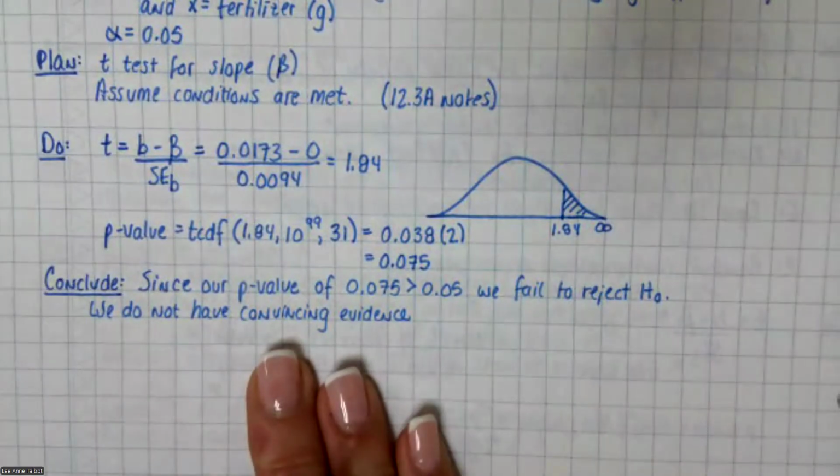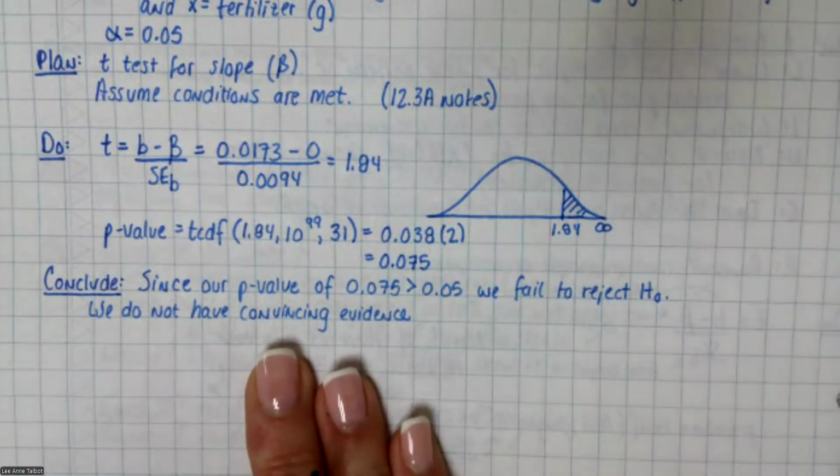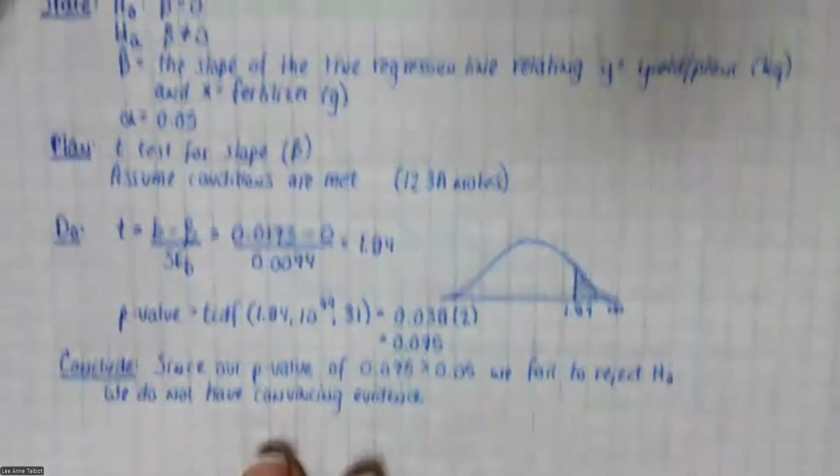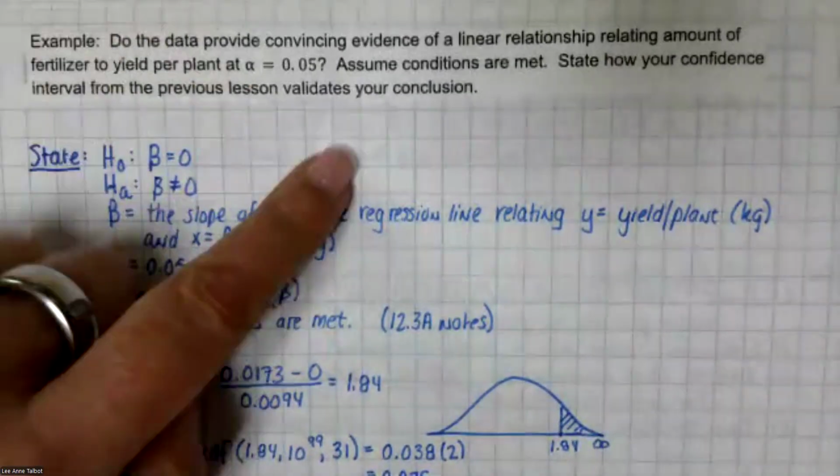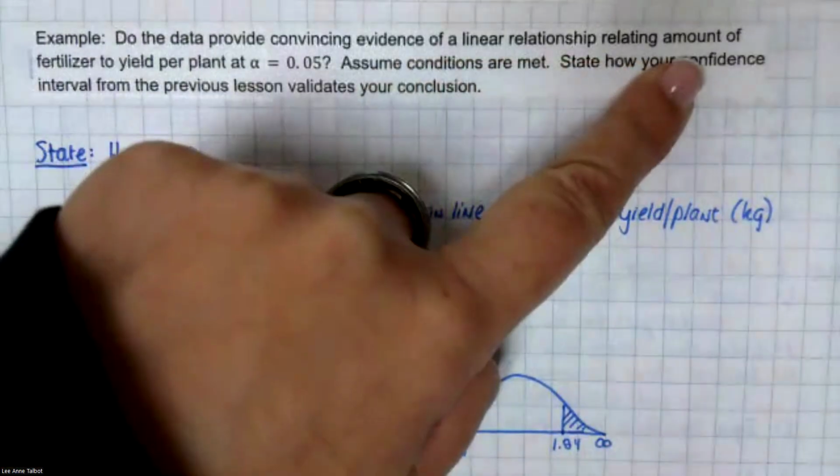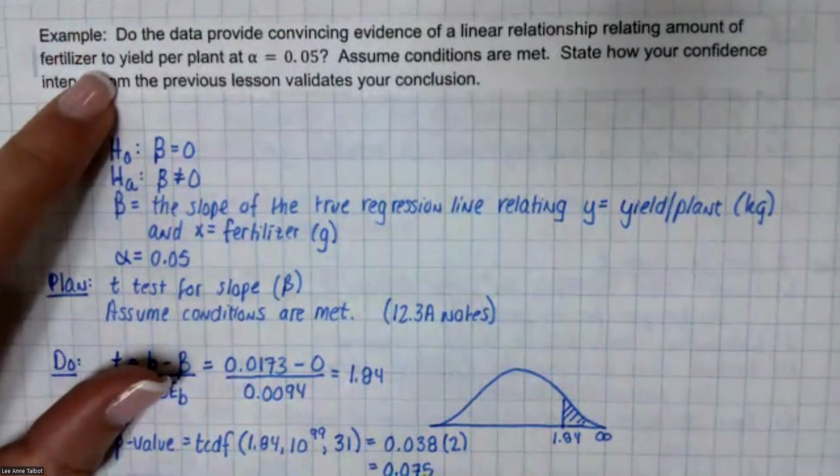Okay, so at this moment, I'm gonna go up to the problem, see if it makes sense to just answer the question. Yes, of a linear relationship relating amount of fertilizer to yield per plant.